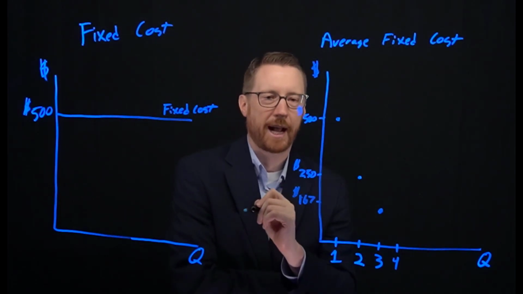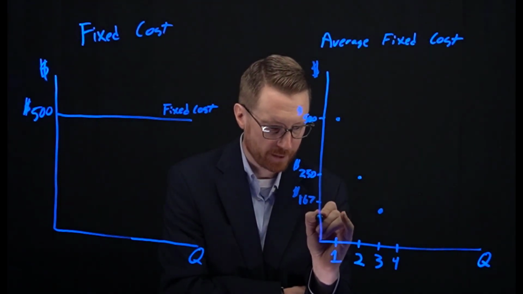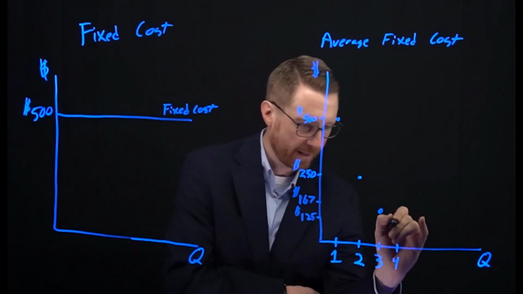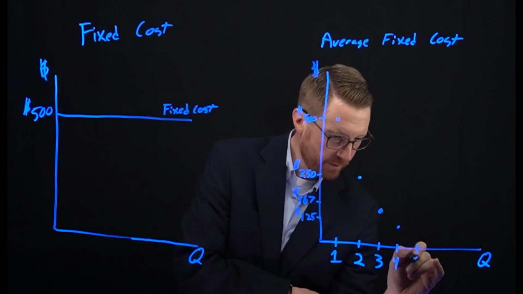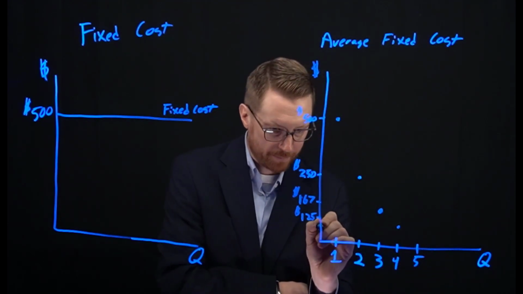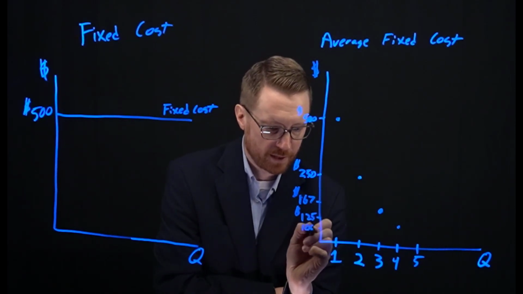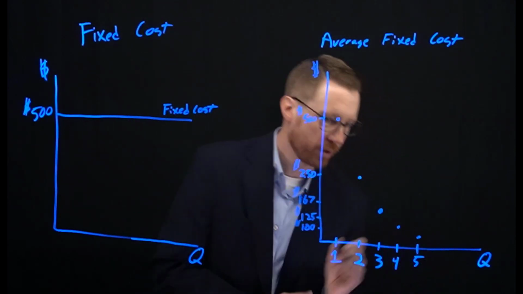Now this $500 is spread across 4 units. So now what's your average fixed cost? Well, it's $125. And if they produce 5 units, the math becomes easy. $500 spread across 5 units is just $100 worth of rent for each unit produced.